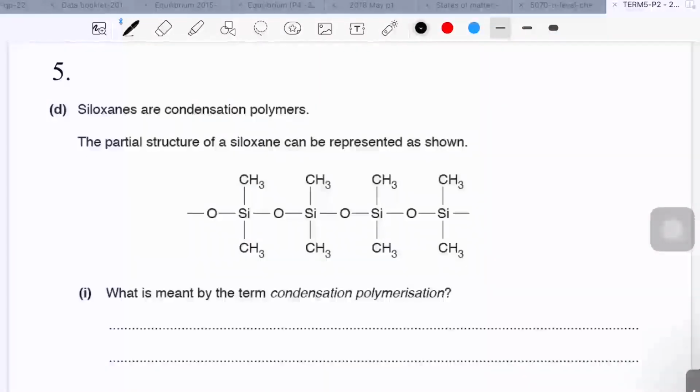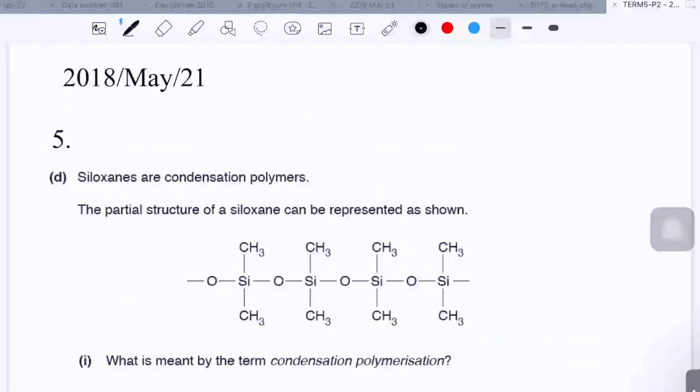Right, let's go to question number 5. Siloxanes are condensation polymers.